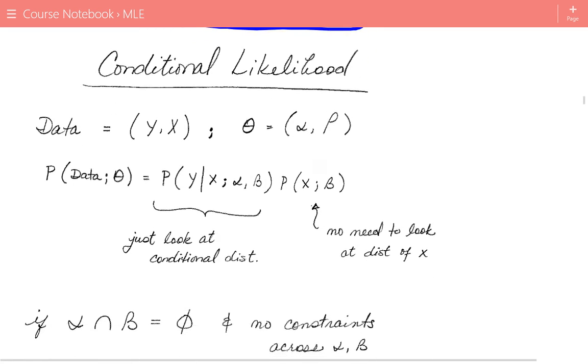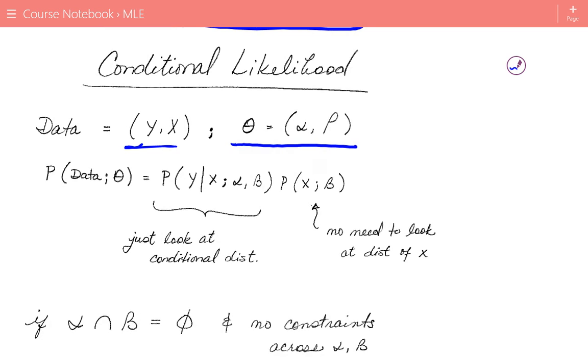Let's also look at something called the conditional likelihood. So let's say we have data based on random variables y and x. Our parameters are actually a vector of two parameters, alpha and beta. And we're going to look at the probability of the data given theta, which means the probability of y given x times the probability of x.